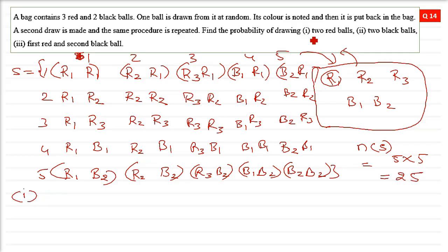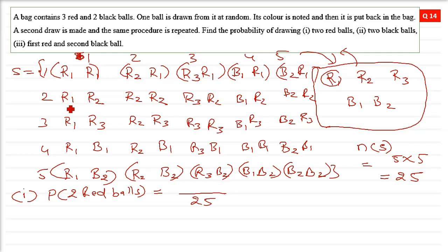Now the first probability, 2 red balls. So either of them can be R1, R2, it doesn't matter because we assume both to be identical. The sample space will be 25, and it will be the denominator. Now take all of the elements in this sample space which have R and R. It can be R1, R2, it can be R2, R1 like that.